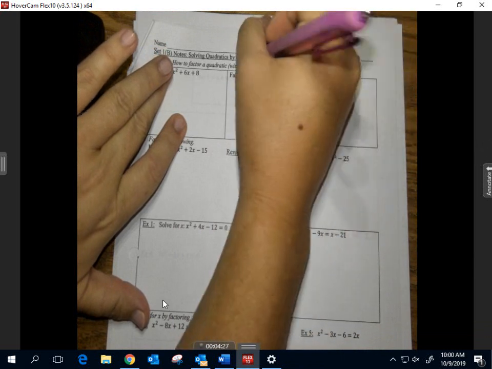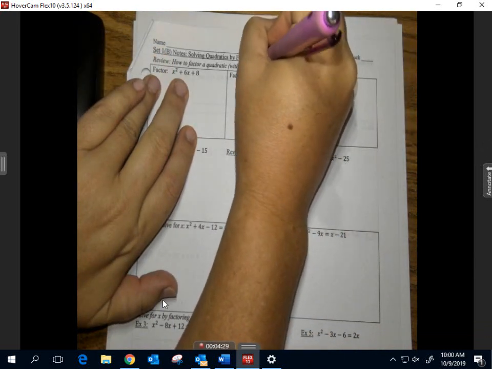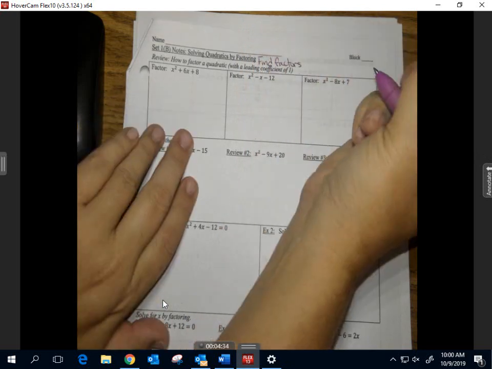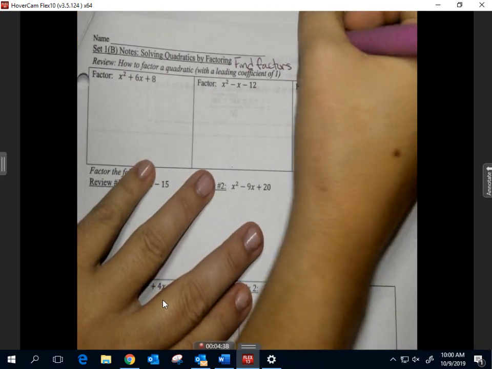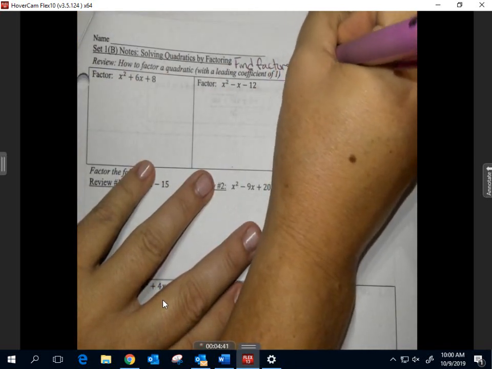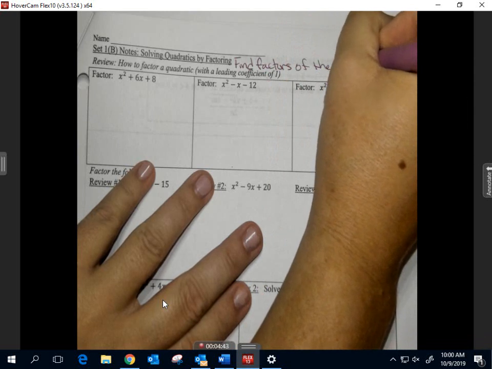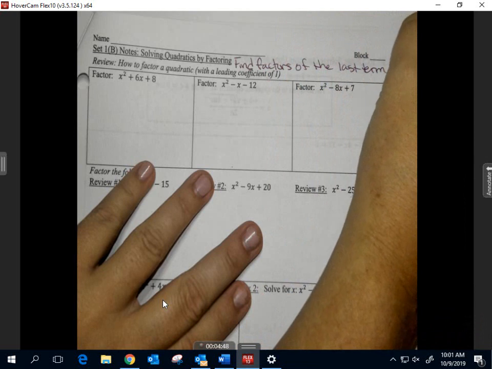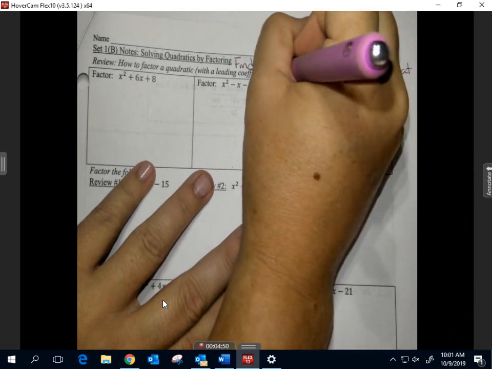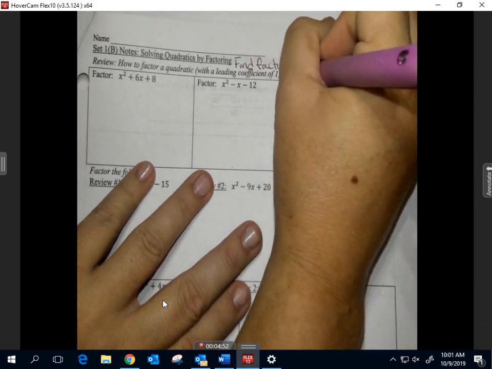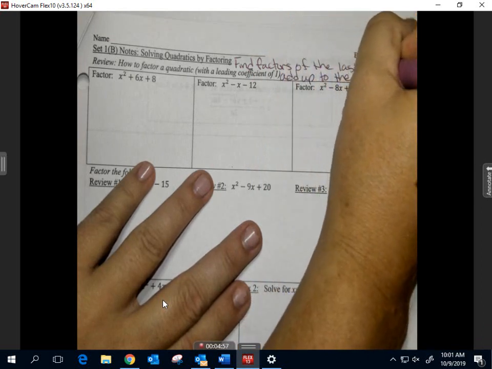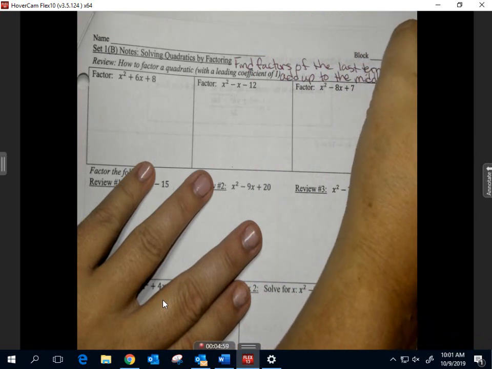Alright, so how to factor. We find factors of the last term that add up to the middle term.